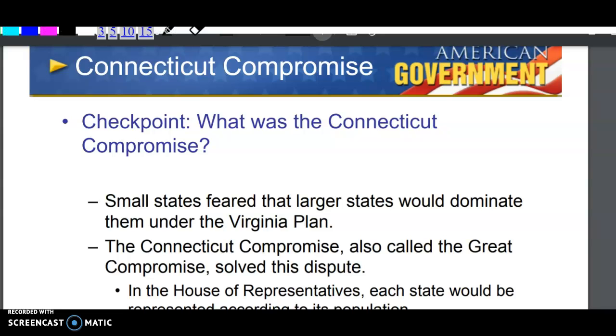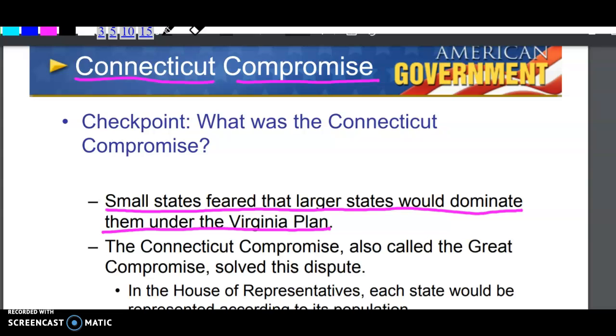All right, so our next heading is Connecticut Compromise. Because we know from our map tests that Connecticut's a very small state. The small states feared that the larger states would dominate them under the Virginia Plan. They thought that the Virginia Plan was going to leave out the small states because it was based on your state's population.